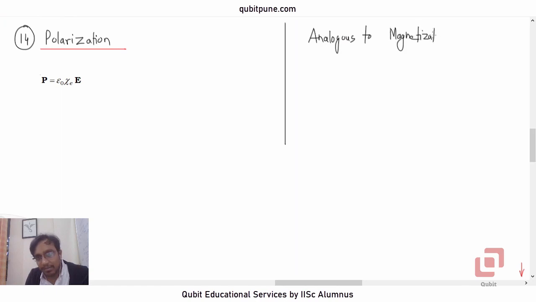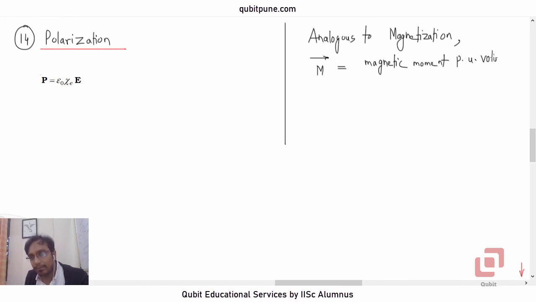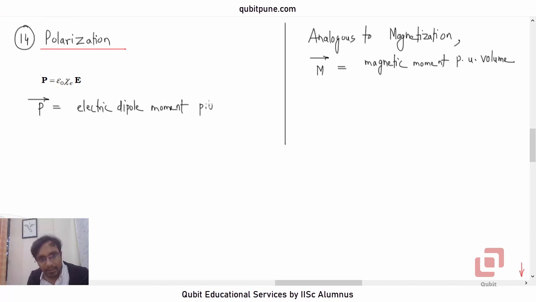If you remember what is magnetization, M bar, it is magnetic moment per unit volume. Just like that, we have polarization P bar, which is electric dipole moment per unit volume.